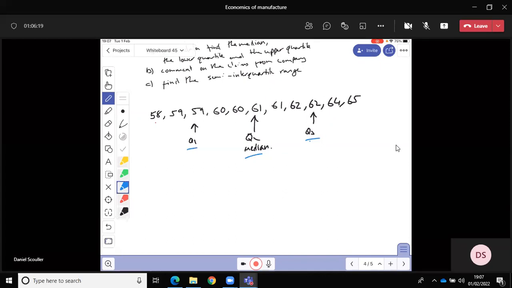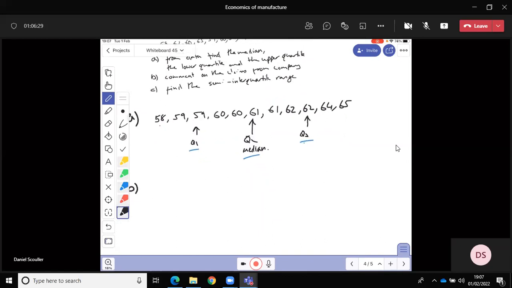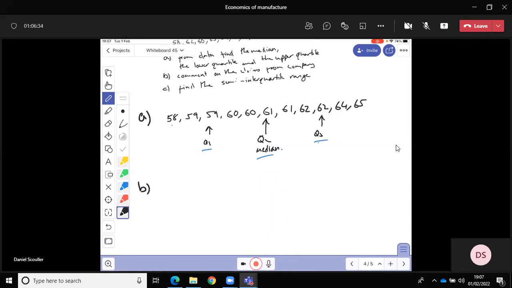So, to comment on the claims, that was A, now B. The median is a type of average. Now it might not be the average you're used to, and we'll cover that later on, but it is a type of average. So the average that we found, the median, is 61 matches from the sample.